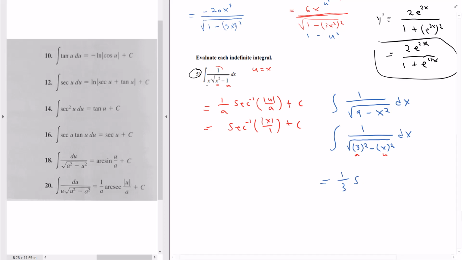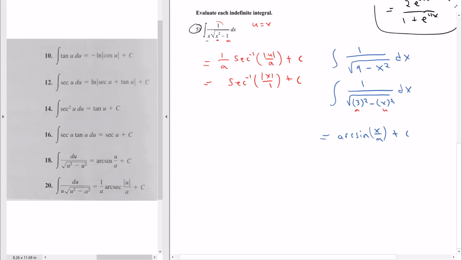No, I'm sorry, there is no 1 over a for sine. It's just arcsine of u over a, so x over 3, plus c. There are no absolute values on that one.